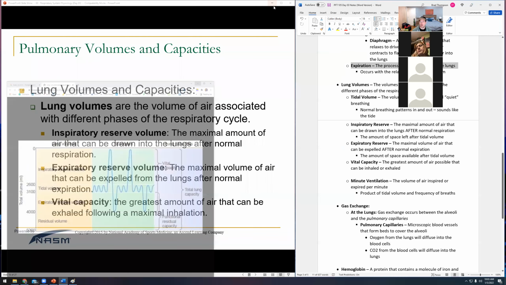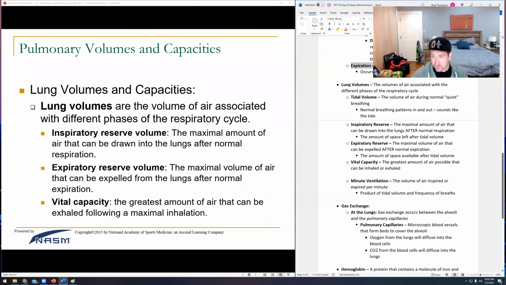So those are all the volumes of our lungs, right? Your lung volumes are the different volumes of air associated with the different phases of a respiration cycle. You've got tidal volume, which is normal, quiet breathing, right? That's normal patterns in. It kind of sounds like the tide. You've got your inspiratory reserve, which is all of the air left after, let's say, you take a normal breath in.